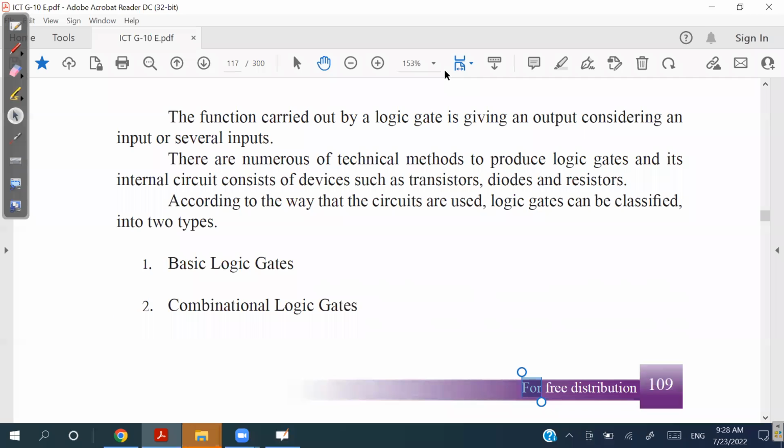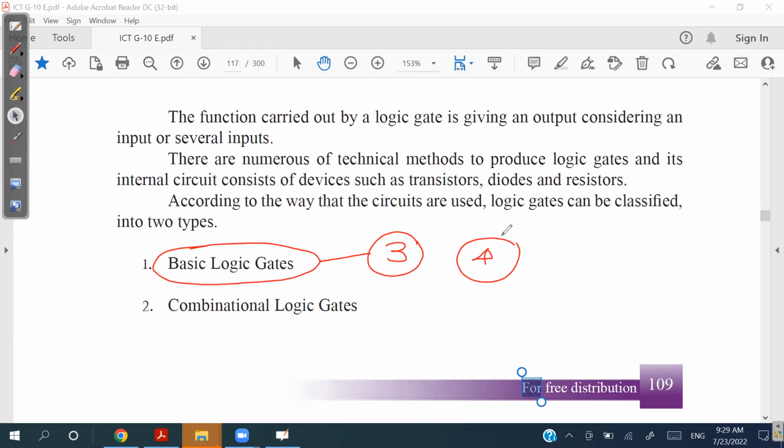To understand that, first of all, we have to identify what kind of gates we have. There are two types of gates, two categories. One type is the basic logic gates, as you can see here. In your syllabus, you are introduced to 3. Actually, there are 4 gates, but you are given only 3.